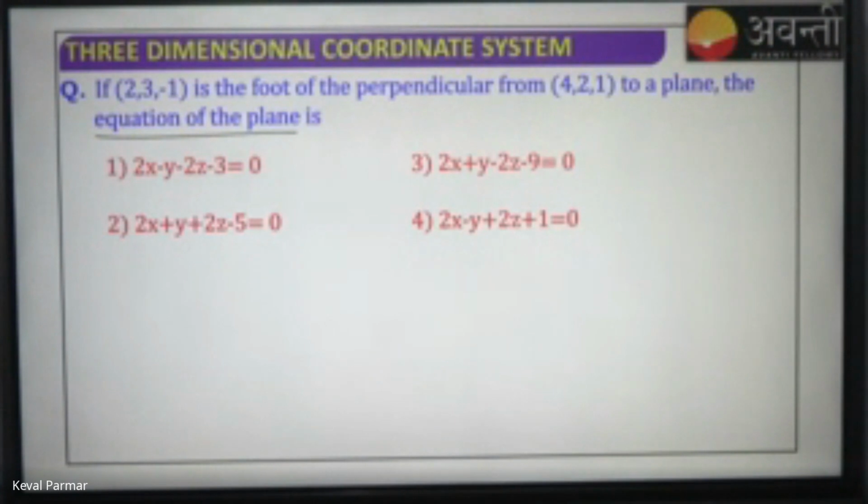Try to draw the diagram. I hope you know what is meant by foot of perpendicular. What is meant by foot of perpendicular?